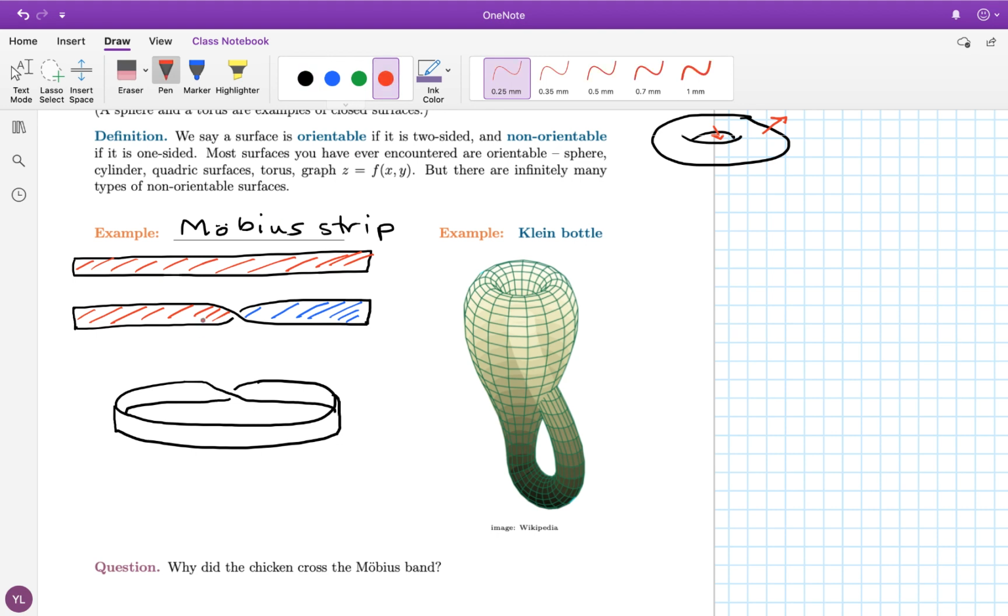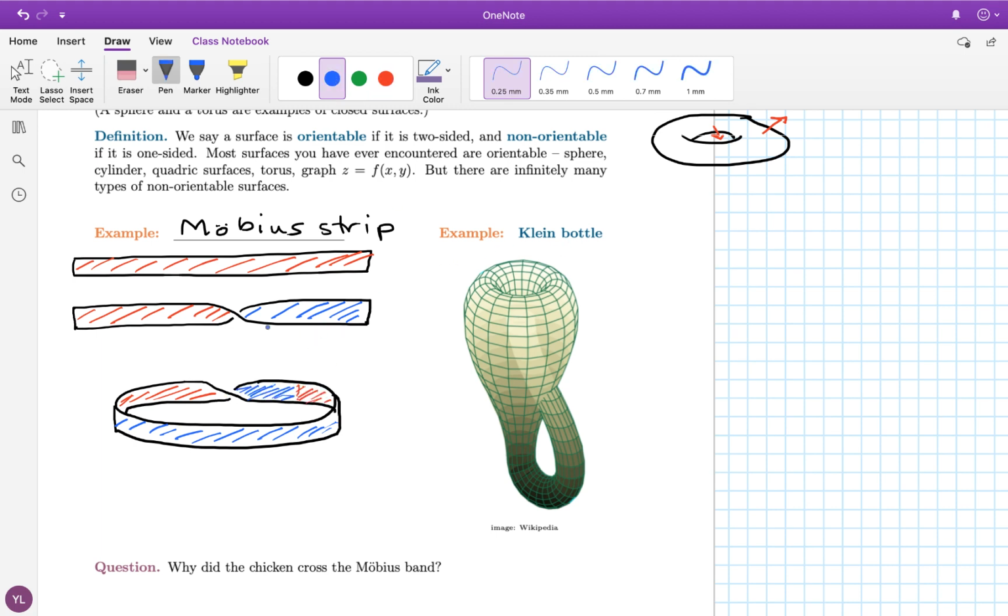Okay, so the issue is the following. I've got my red side and I've got the blue side, which used to be two really separate sides of the surface. But when I construct a surface in this way, the place where the blue meets the red links up the sides of the surface.